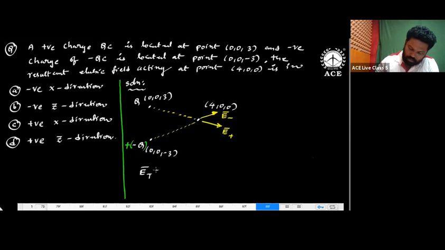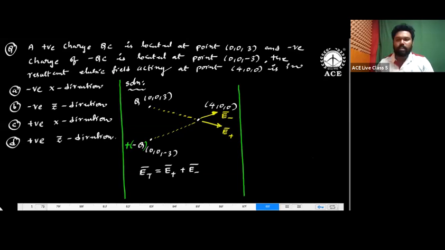So what is E total, beta? E plus plus E minus. So what is the electric field here?